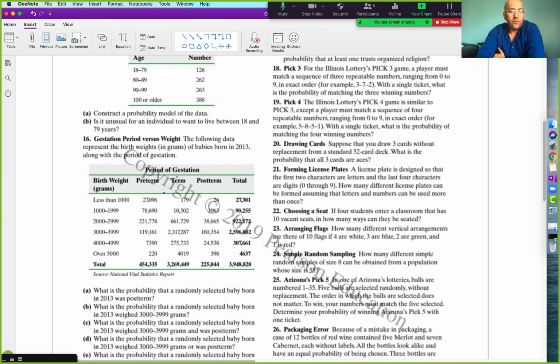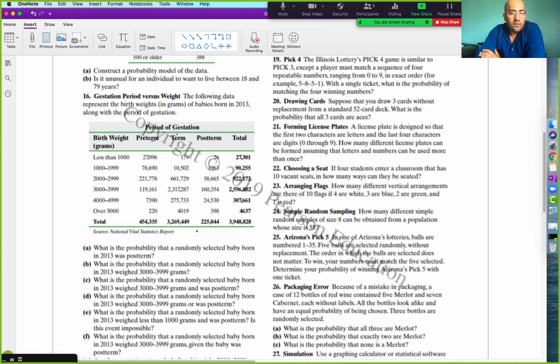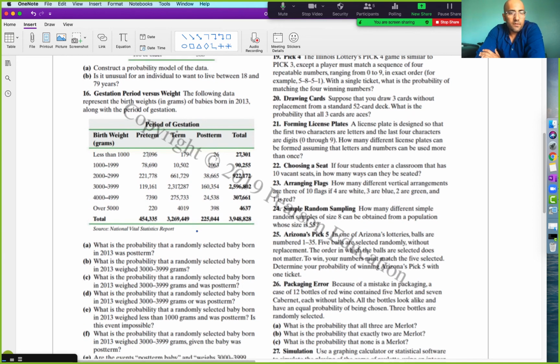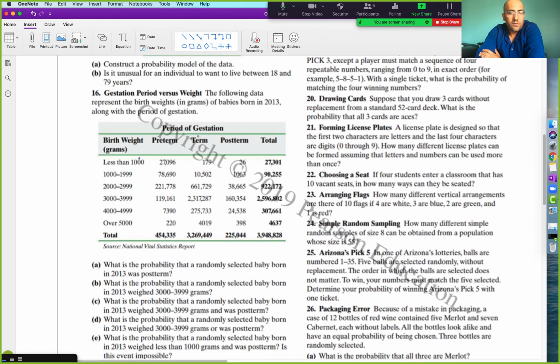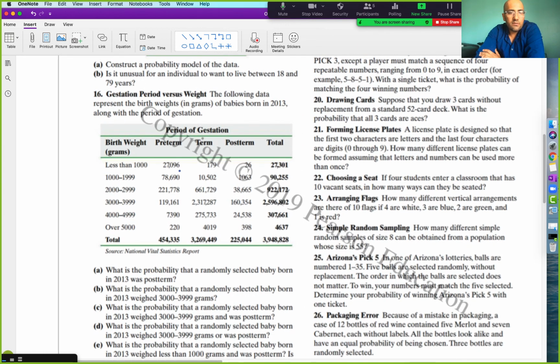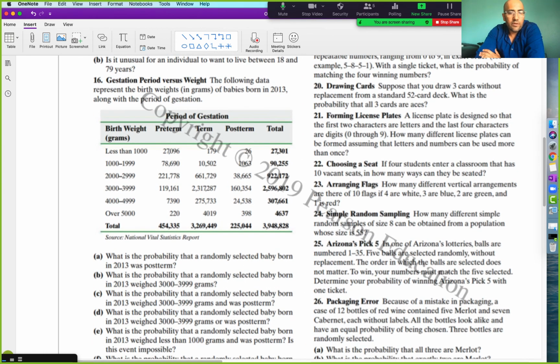So we only have a few minutes left, so let's pick something good. Number 16, gestation period versus weight. Preterm, term, post-term birth weights. Okay, so this looks to be birth weights of babies. We have a nice big table here where we have the preterm, so less than 1,000 grams, birth weights.